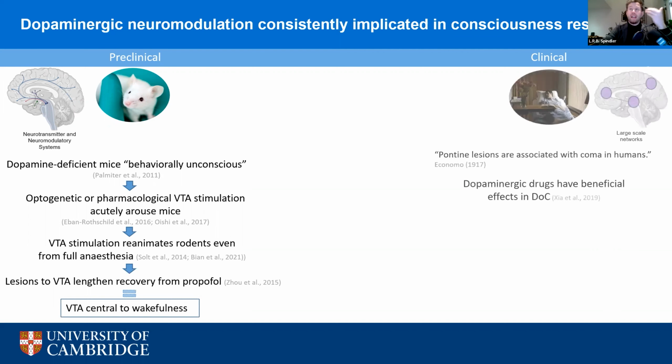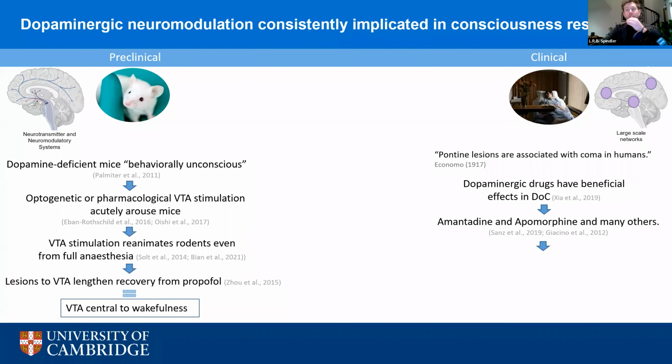And in parallel, in the clinical disorders of consciousness world, where we're used to looking at these large-scale network biomarkers, we actually know that dopaminergic drugs, such as amantadine and apomorphine, and quite a few other ones, have shown promising effects in treatment. And very recently, people even found a presynaptic dopamine release deficit from the ventral tegmental area in disorders of consciousness.